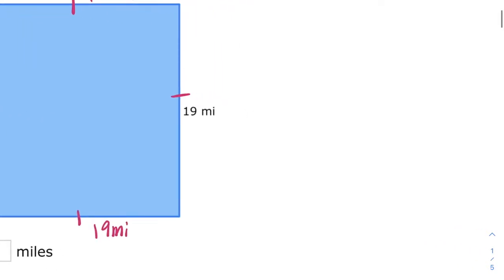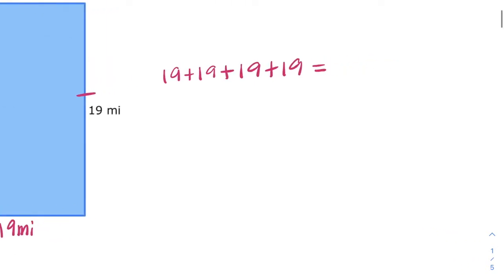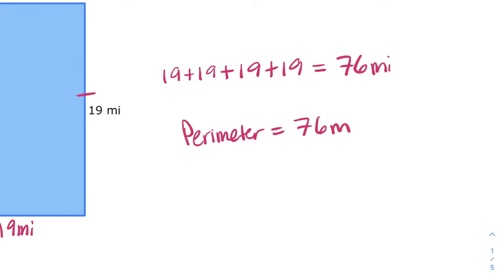So we want to make sure that we do 19 plus 19 plus 19 plus 19. Okay, and that is 76 miles. So the perimeter equals 76 miles.